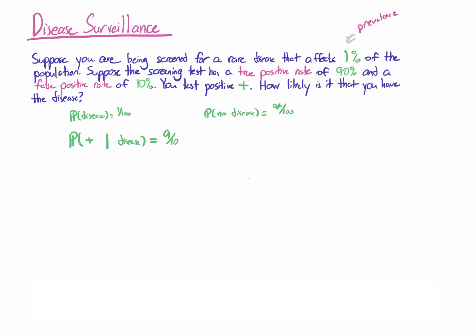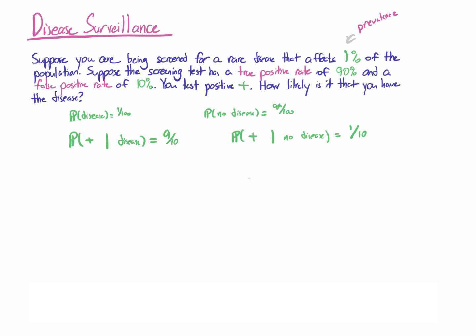On the other hand, the doctor also told me that the test has a chance to give me a positive result even when I do not have the disease, and that is 1/10 of the time.